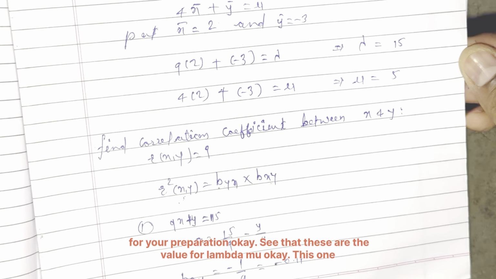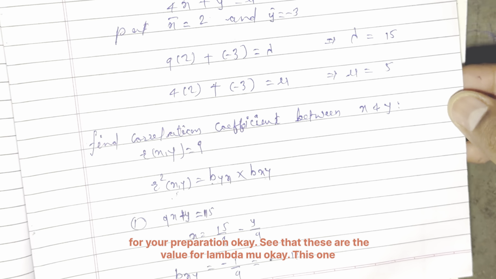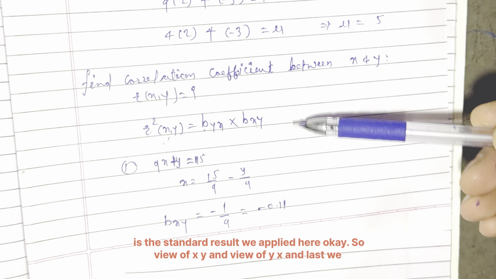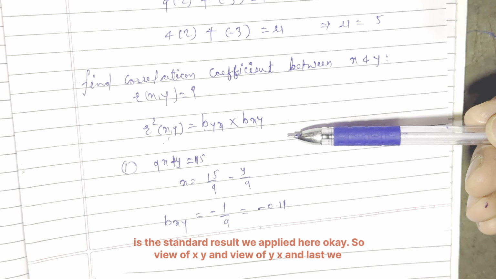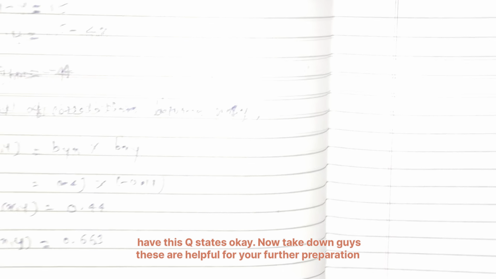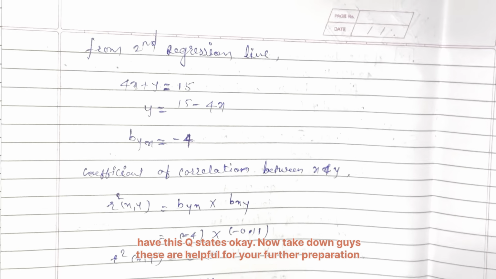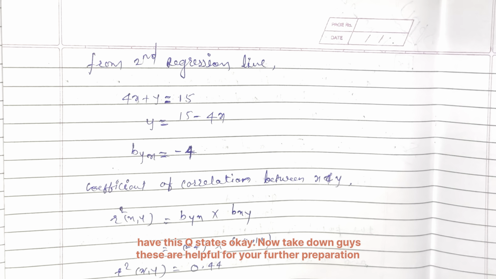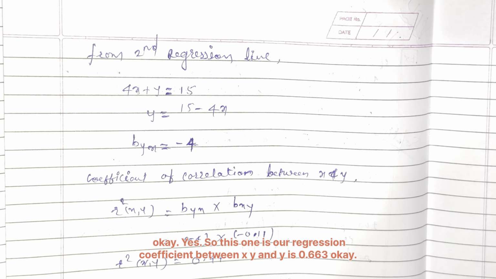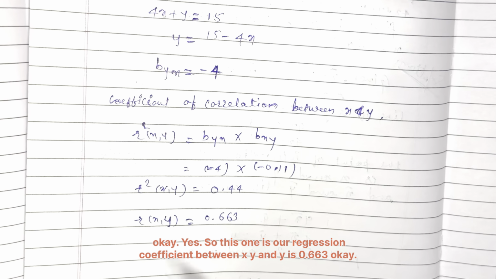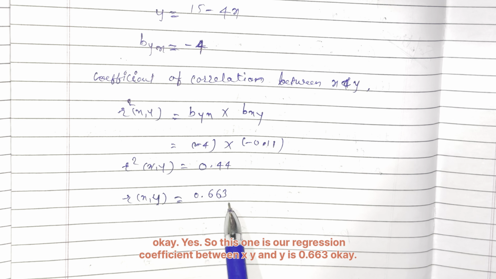These are the values for lambda and mu. This is the standard result we applied here, then b of xy and b of yx, and at last we have these two steps. Note it down, guys, these are helpful for your further preparation. So the correlation coefficient between x and y is 0.663.